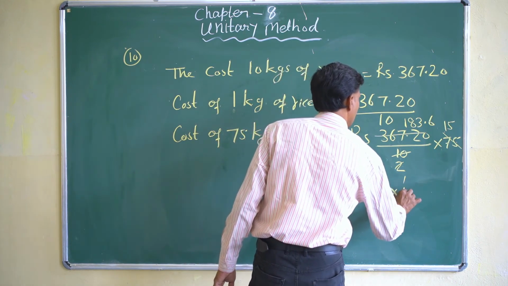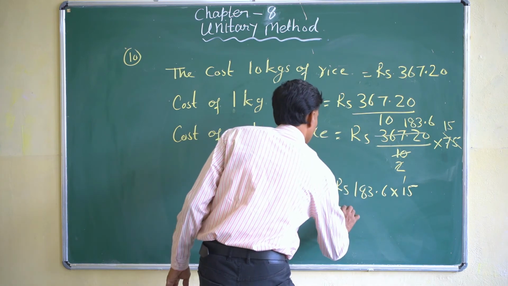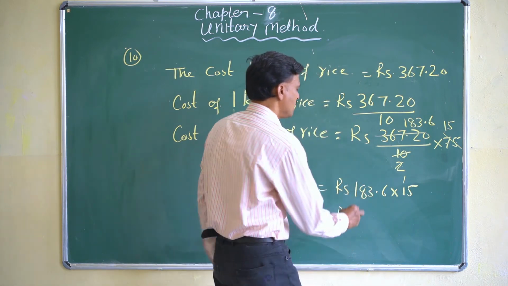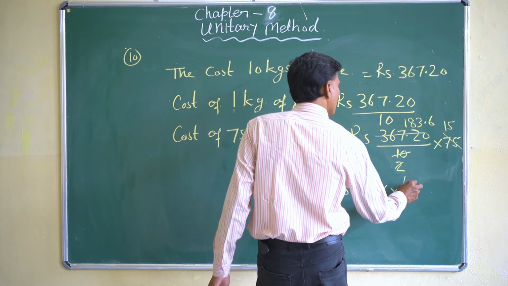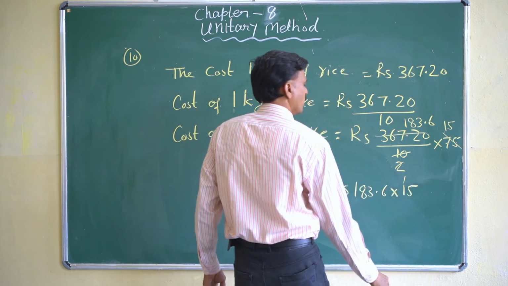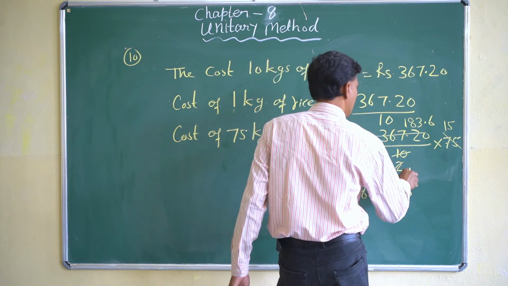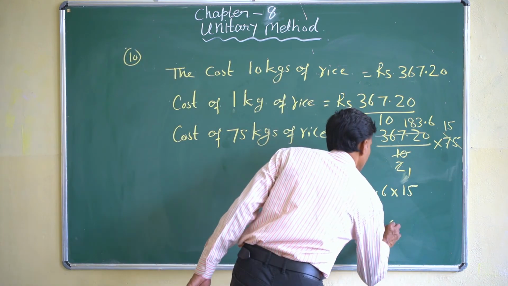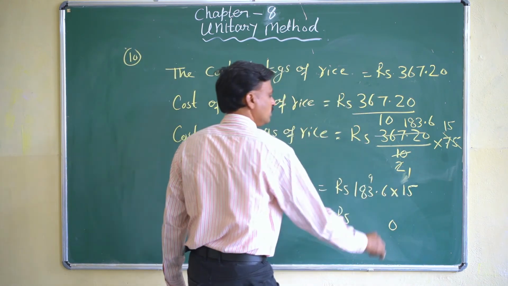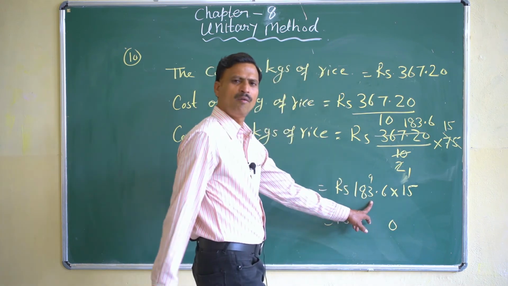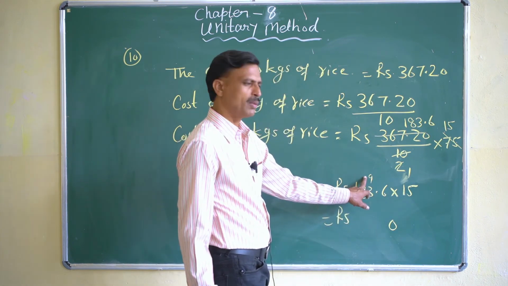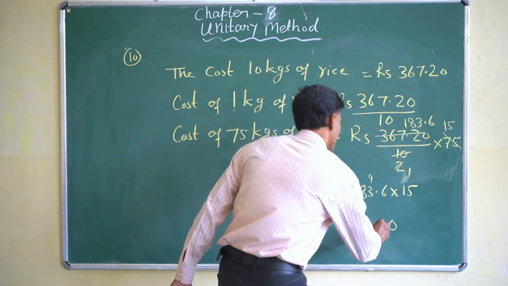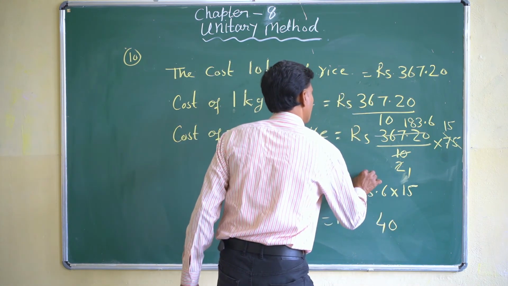183.6 multiplied by 15. So you multiply by 15, you know the table of 15. 15 sixes are 90, so it will come 0, and 9 will be carried. Then 15 threes are 45, 45 plus 9 is 54, so 5 will be carried.